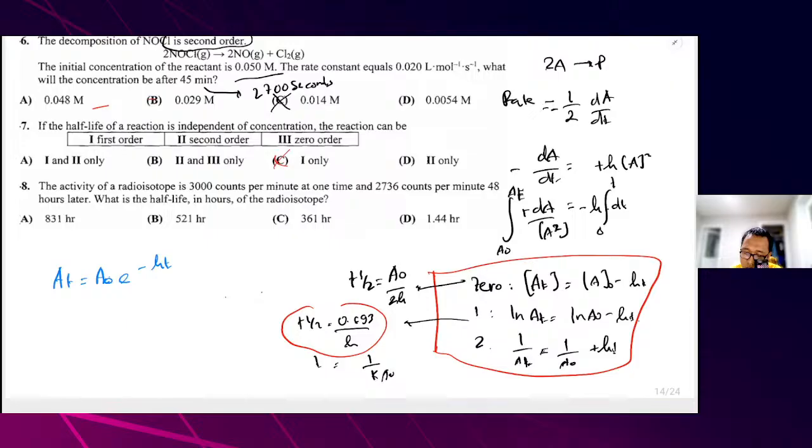All right. So we need to determine k. at is 2736. a0 is 3,000, right? The initial one. Then exponential, we know k, and we want to know the t, 48 hours. So we put in here counts per minute at one time. This is 48. We can put in hours here.